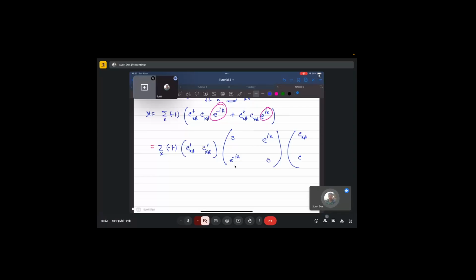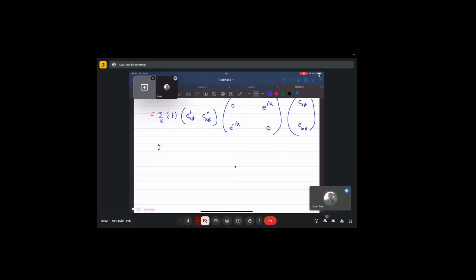This is just the basic tight-binding knowledge I am using. So h_k is simply minus t times the matrix 0, e to the power ik, e to the power minus ik, 0.